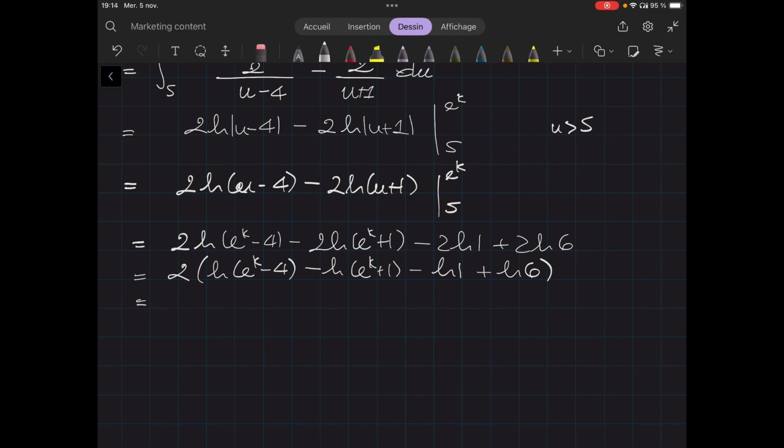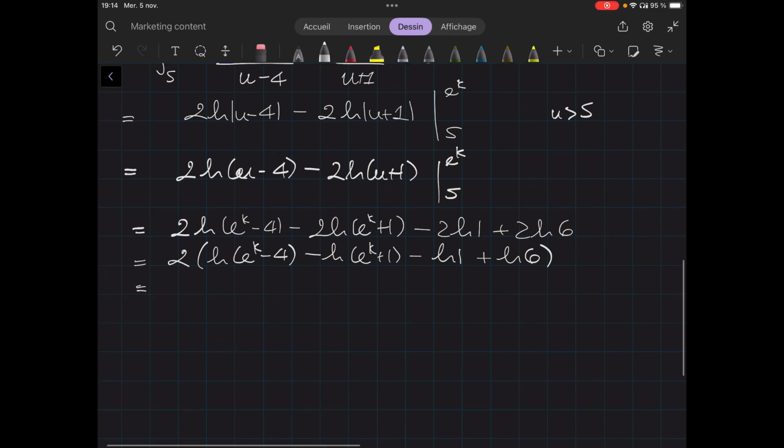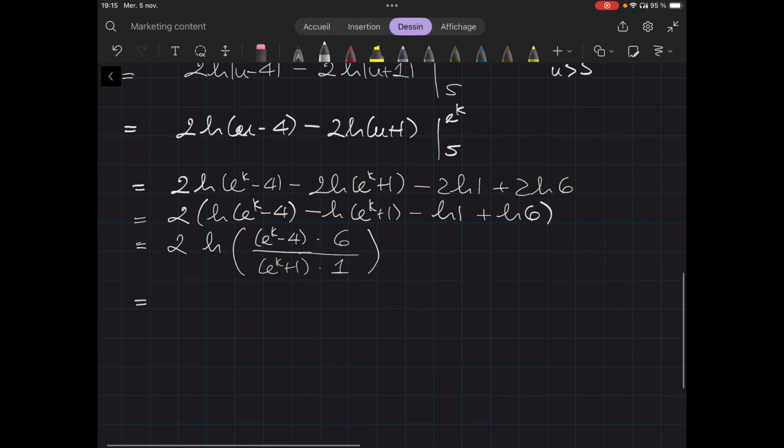When subtracting two logarithms of the same base, you divide the arguments. So in this case, we will have e to the k minus 4 divided by e to the k plus 1, divided by 1 times 6 in our argument. Voila.